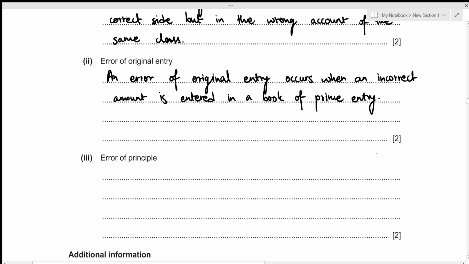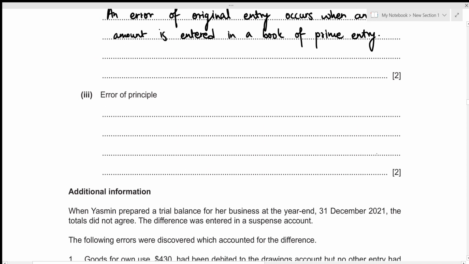Then for the third one, we need to describe error of principle.